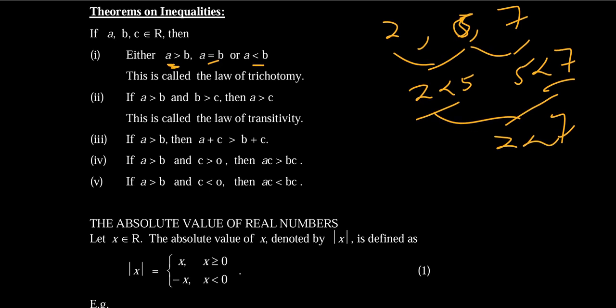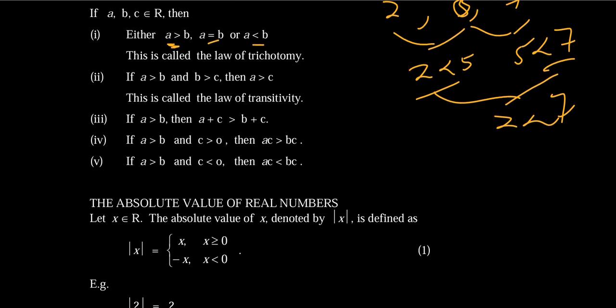It's called transitivity. Now, you realize that if A is greater than B, then A plus C is greater than B plus C. This one is also simple.